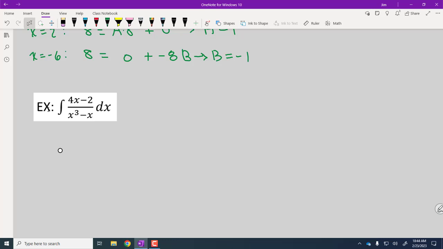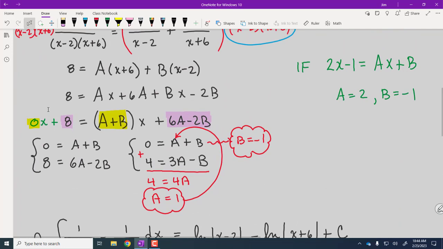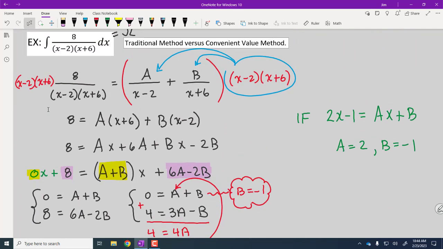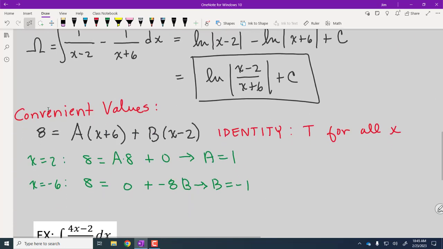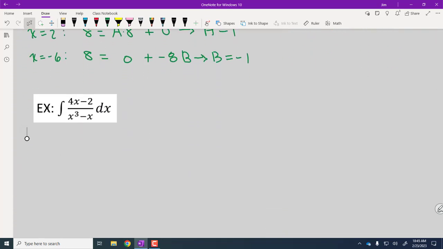In order for us to predict what those fractions look like, we had to have the denominator in factored form. So that's going to be a first step. When we look at this, the denominator is not factored. So first step is that we have to put it in factored form, or we won't be able to predict what those partial fractions are.